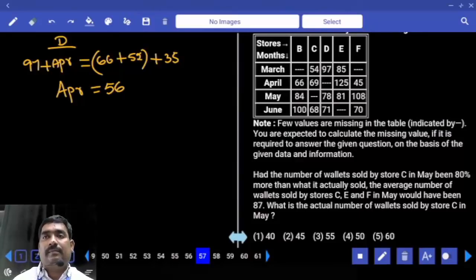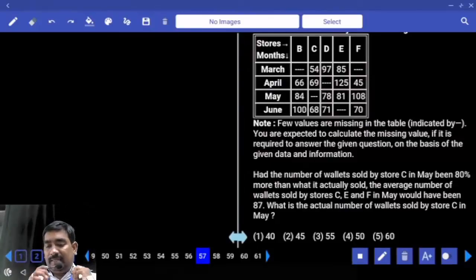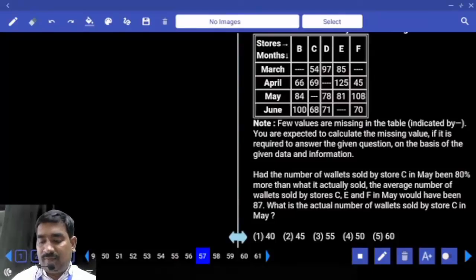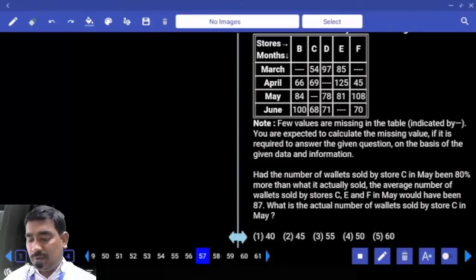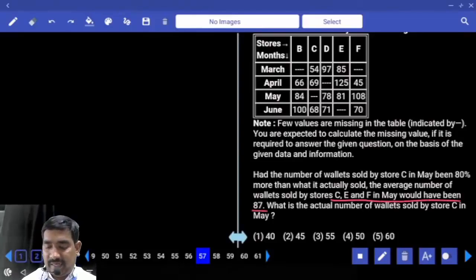Next, had the number of wallets sold by store C in May been 80% more than what it actually sold, the average number of wallets sold by stores C, E, F in May would have been 87.